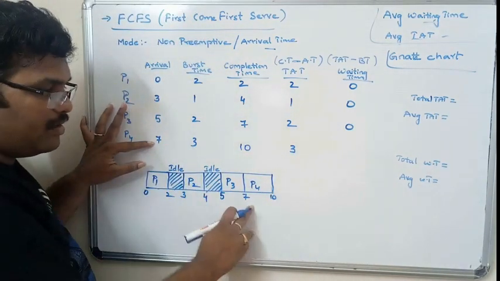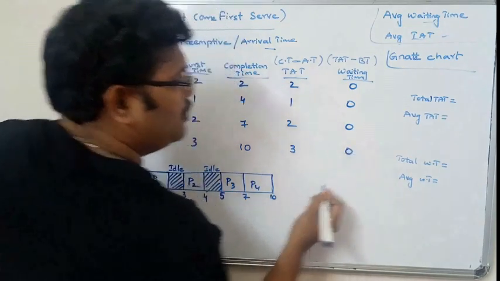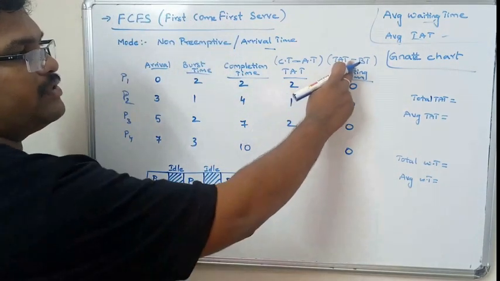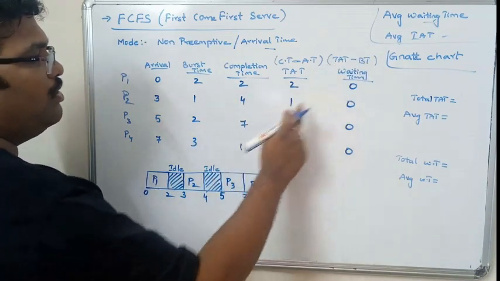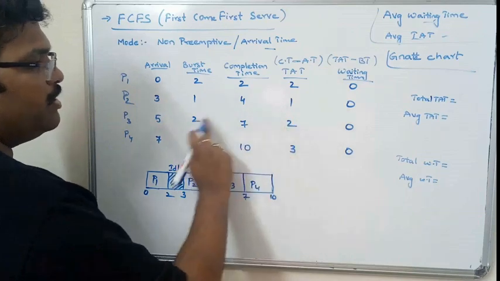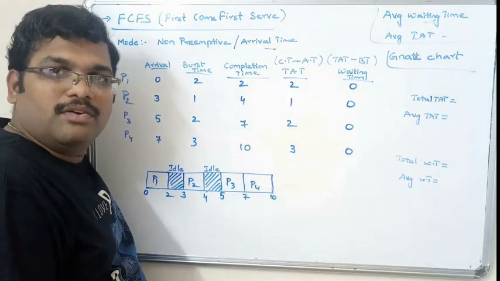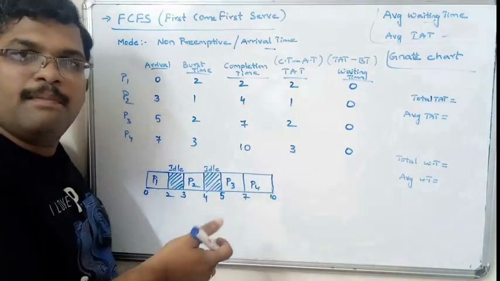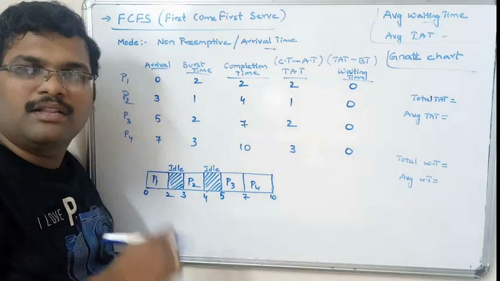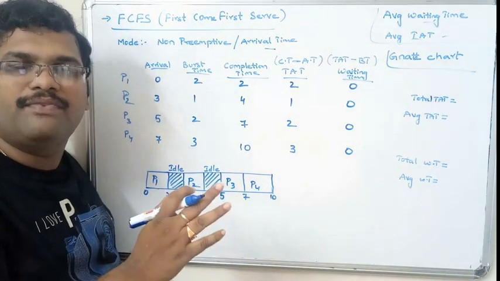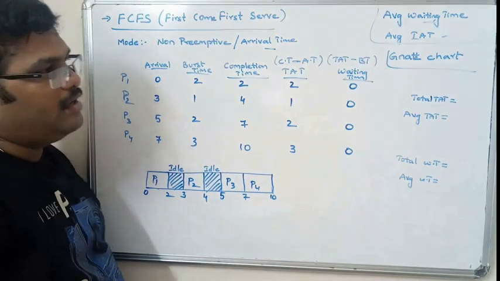P4 arrived at 7. Starting time of P4 is 7. So 0. If you see this formula, turnaround time minus burst time: 2 minus 2, 0, 1 minus 1, 0, 2 minus 2, 0, 3 minus 3, 0. So in this example, the CPU is waiting for the processes. No process is waiting for the CPU. Right? This is another case.